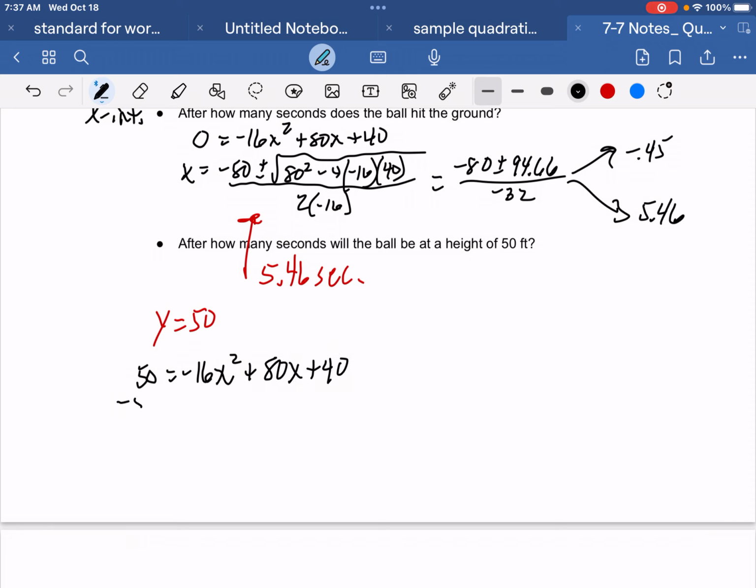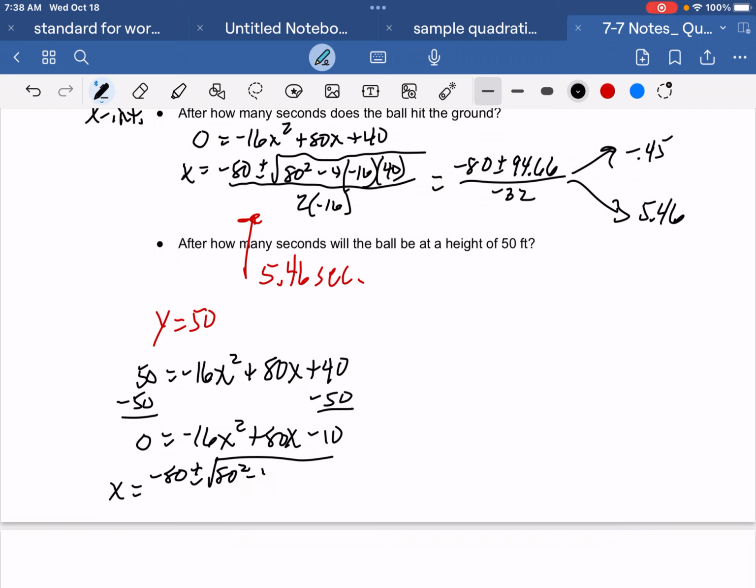I could subtract 50 from both sides. 0 equals negative 16x squared plus 80x minus 10. Well, if I use the quadratic formula, x equals negative 80 plus or minus the square root of 80 squared minus 4 times negative 16 times negative 10, divided by 2 times negative 16.